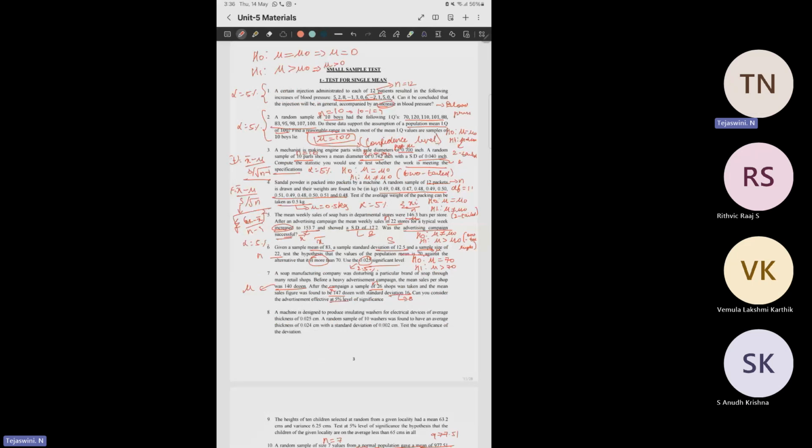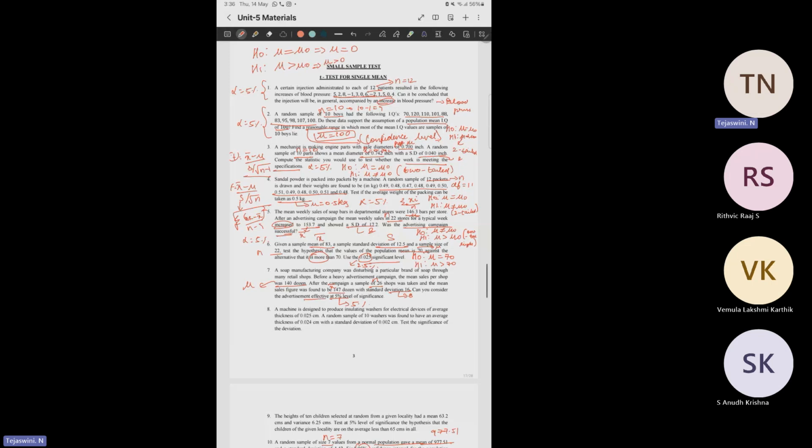From this, at 5% level of significance, we have to find if the advertisement was effective. They did not ask us if that's an increase or decrease, just effective. So if there is any change in the sales or not, it will be two-tailed. So the alternative hypothesis will be mu is not equal to mu naught, and the null hypothesis will be mu is equal to mu naught, two-tailed.